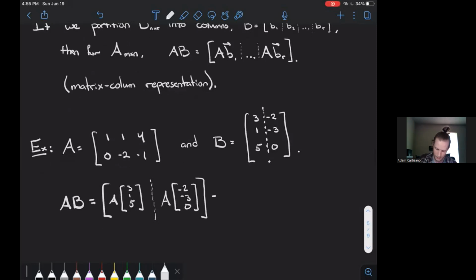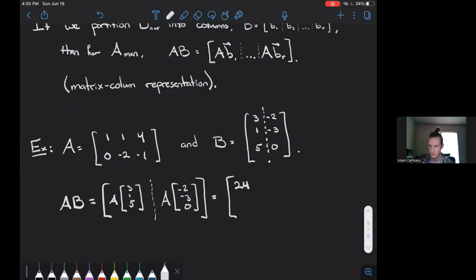Let's just do these matrix products real quick. So what is 3, 1, 5 multiplied with A? Well, it's 3, 1, 5 dot product with the first row of A and 3, 1, 5 dot product with the second row of A. So that first dot product is going to be 3 plus 1 plus 20, which is 24.